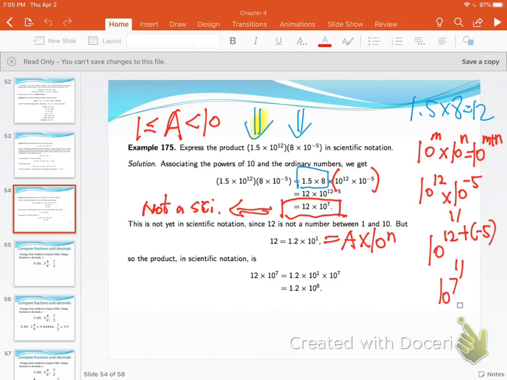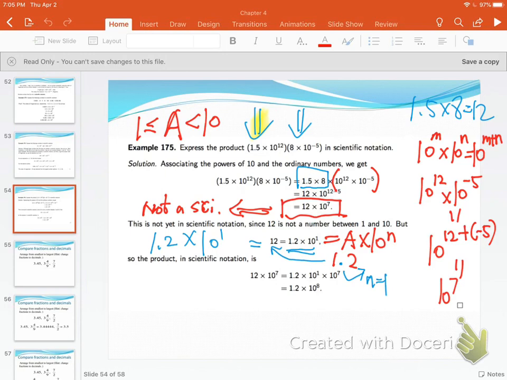What is A? For 12, we put the decimal point after the first number 1, so A is 1.2. And then what is n? N is the movement. You change 1.2 to 12 by moving the decimal point to the right one place. So n is 1. So 12 is 1.2 times 10 to the first power.